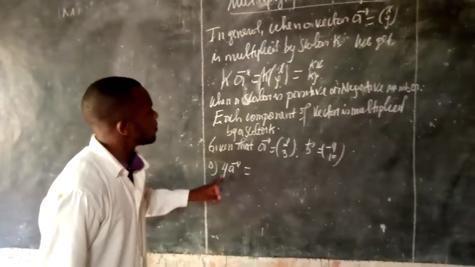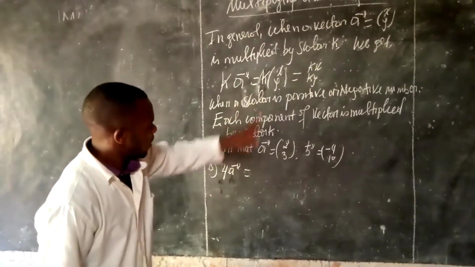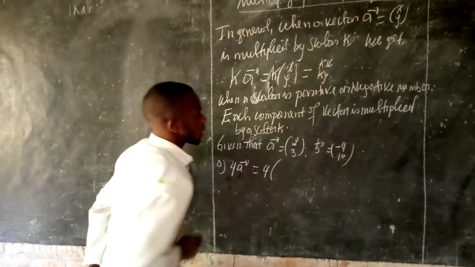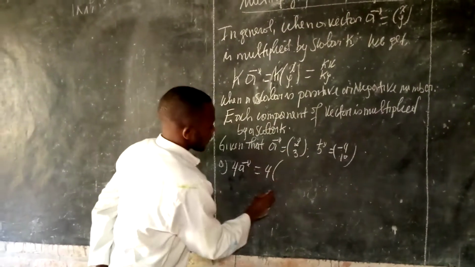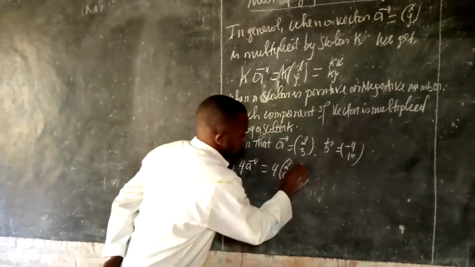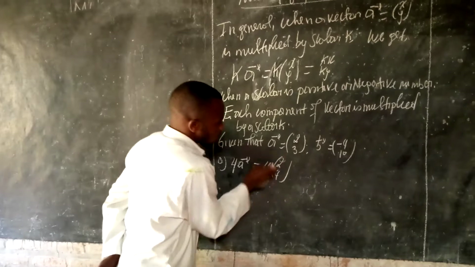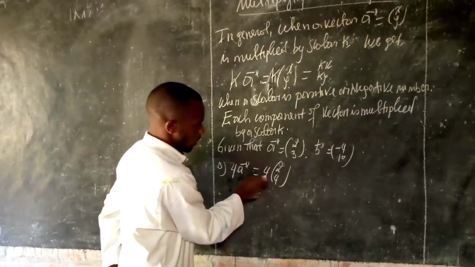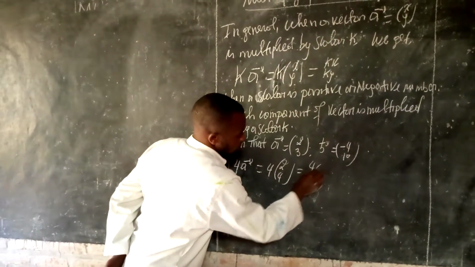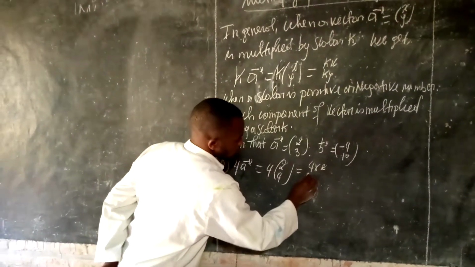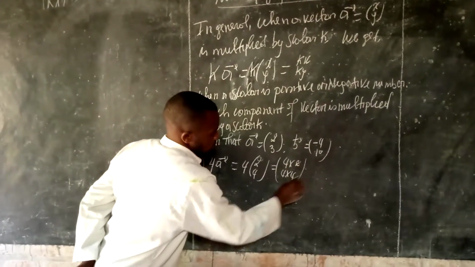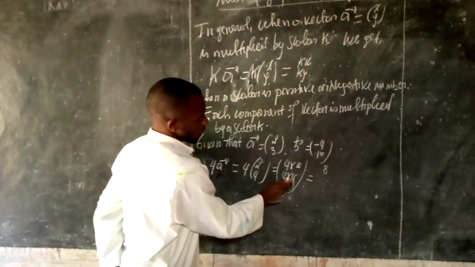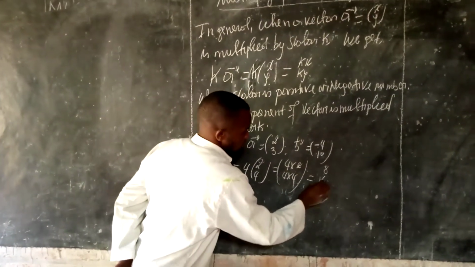This means that 4 replaces the value of k. We take 4 and multiply each component of vector A by the scalar 4. We get 4 times 2 and 4 times 3. So 4 times 2 is equal to 8, and 4 times 3 is equal to 12.